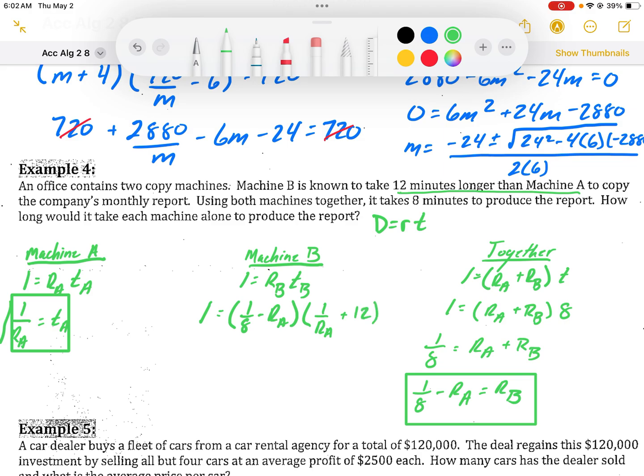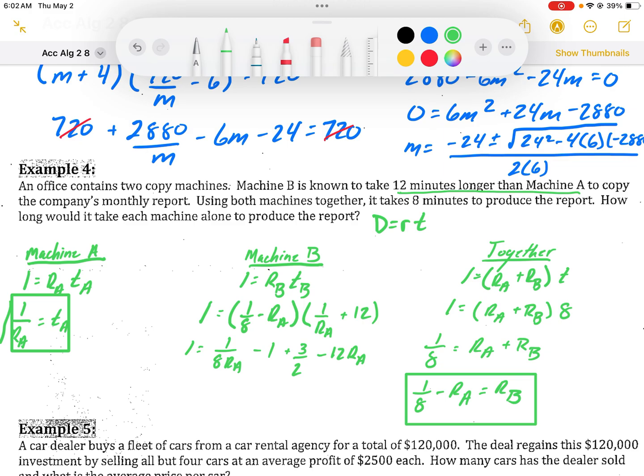Now if we go ahead and FOIL that, I'll get 1 equals 1 over 8 RA minus 1 plus 3/2 or 1.5 minus 12 RA.